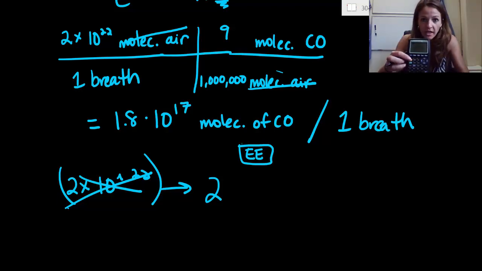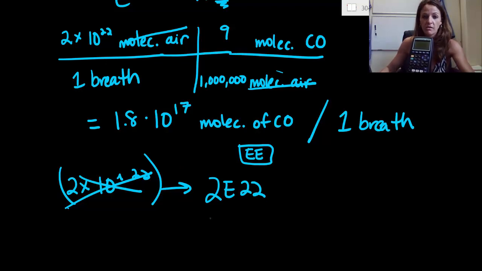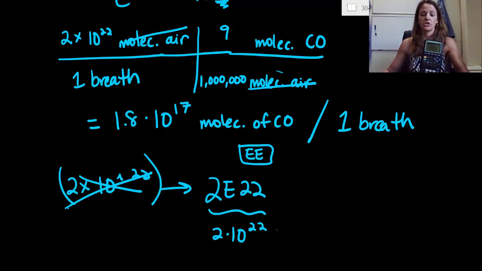I'm going to go to my second button right here, and then my EE button, which is actually my comma button here. Now hopefully we have a 2 and then an E, and because my exponent is 22, I'm just going to write 22. So in my calculator, I have 2E22. I am telling my calculator this is scientific notation for 2 times 10 to the 22nd.